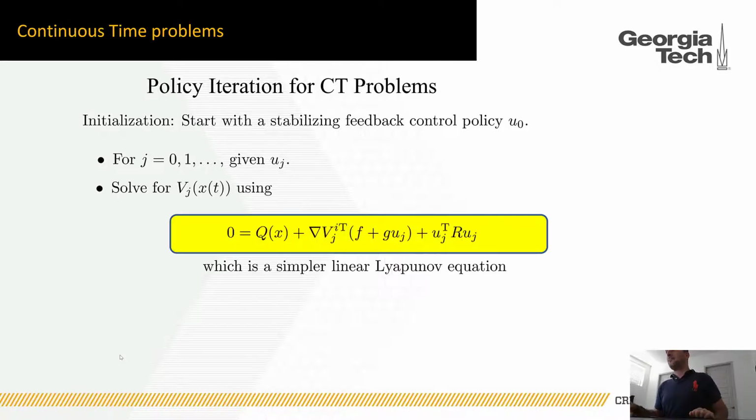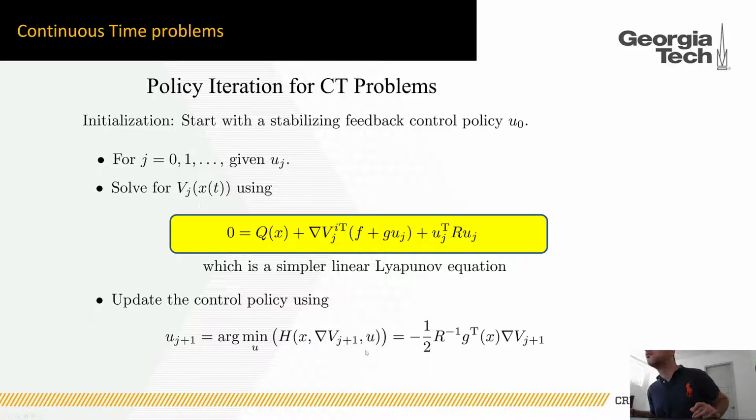I give you mu_j, and then I solve this equation for V_j. Then, after I solve this equation, I update my control. This is a very simple linear Lyapunov equation, and this is my control. I do that recursively by starting with an initial stabilizing policy.